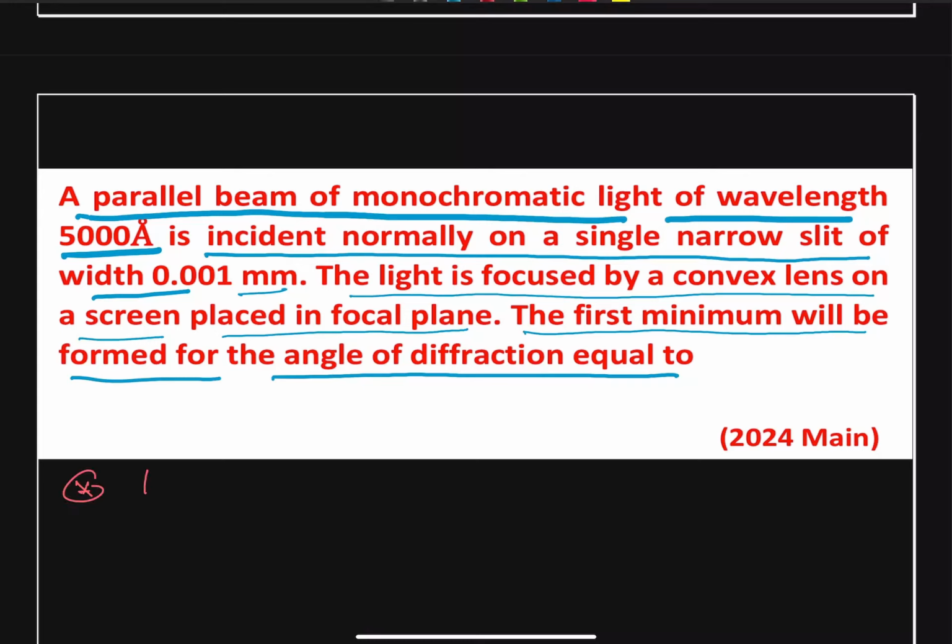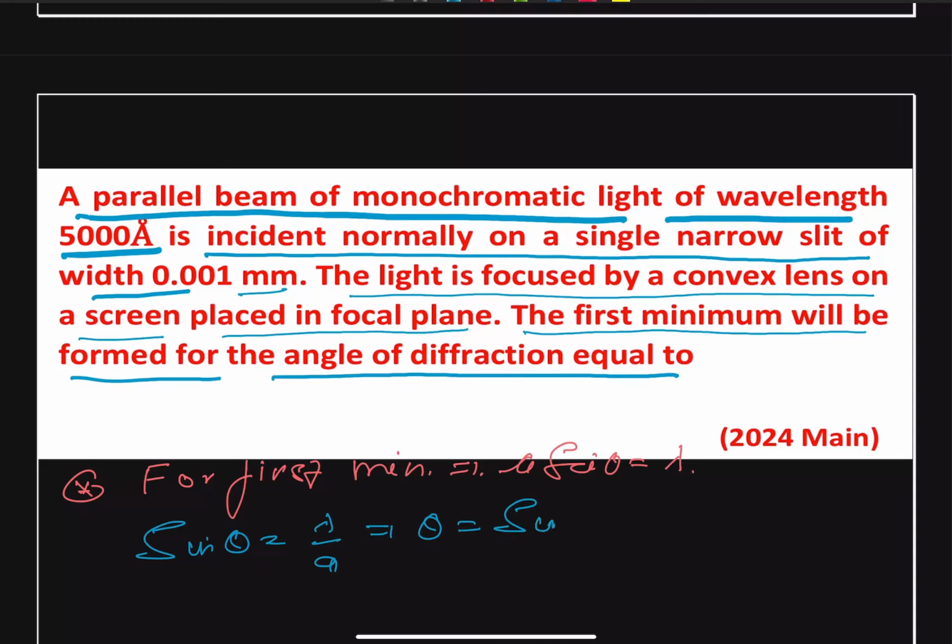So for the first minima, our a sine of theta should be equal to our lambda, and a is our slit width, which is given as 0.001 millimeter. So from here we can write that our sine of theta will be equal to lambda by a, or theta will be equal to sine inverse of lambda by a, and we substitute the values.